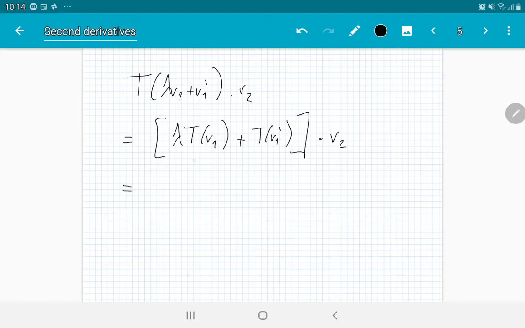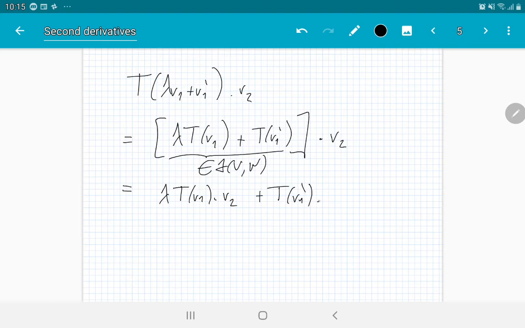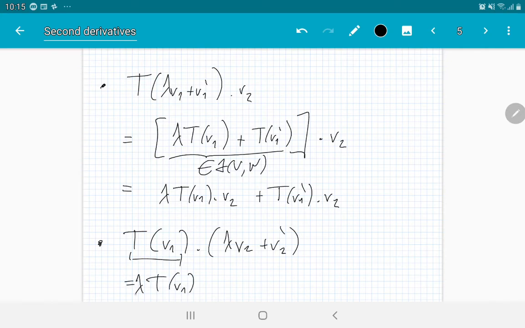And of course, these are elements in L(V,W), and we know these operations are defined so that I can write this. That's one thing. And another thing is that if I take T v1 and apply this to lambda v2 plus v2 prime, well, T v1 is a linear map, so that's just lambda T v1 applied to v2 plus T v1 applied to v2 prime.